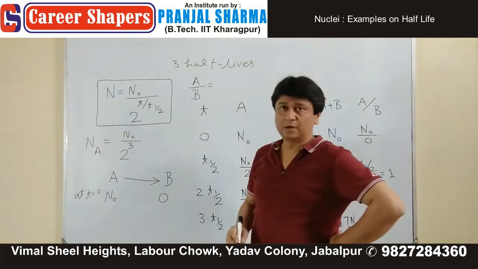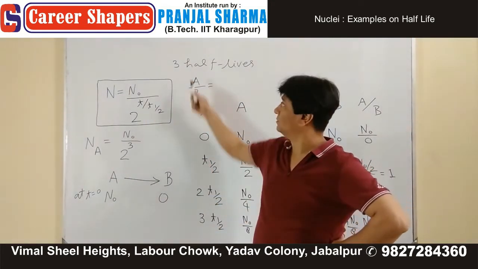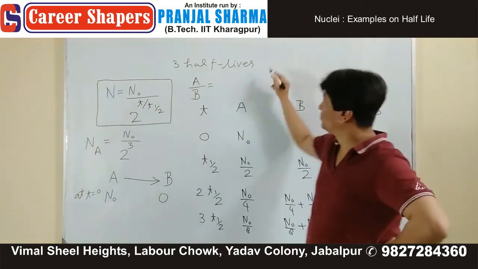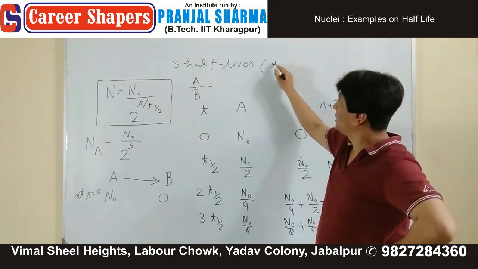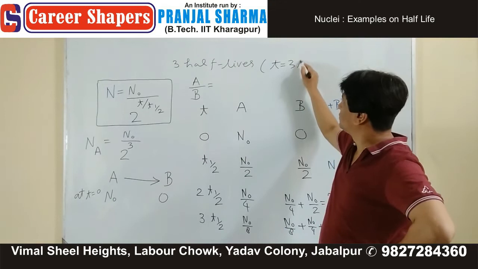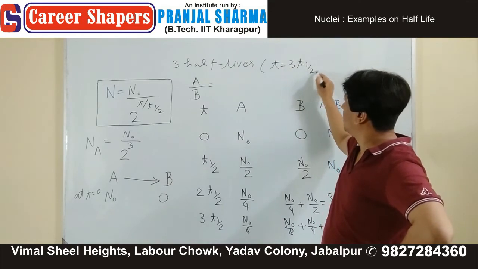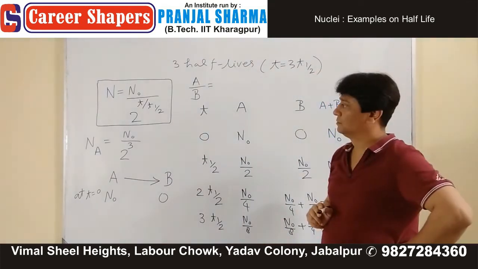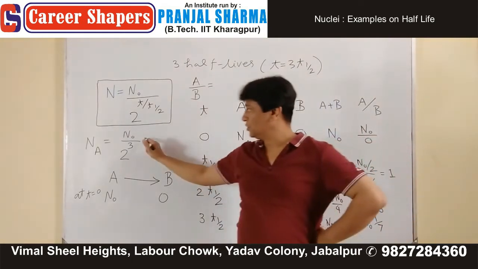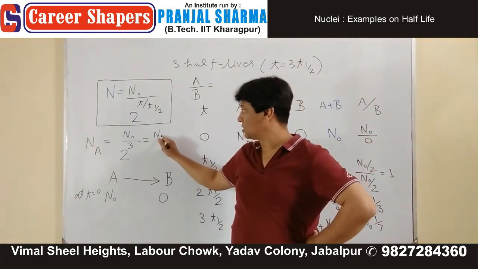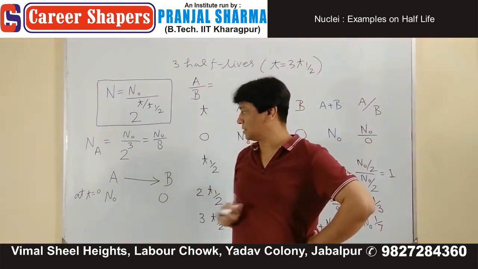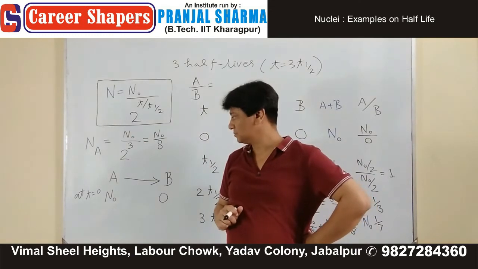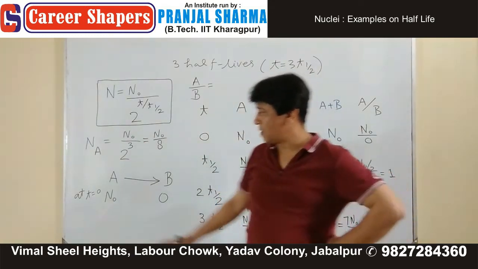T is what? T is 3T half. 3 half-lives means T is 3T half, which is N naught divided by 8.